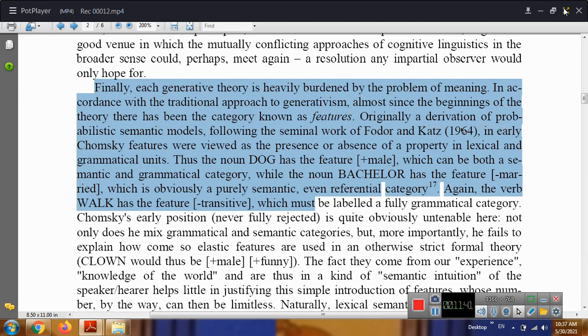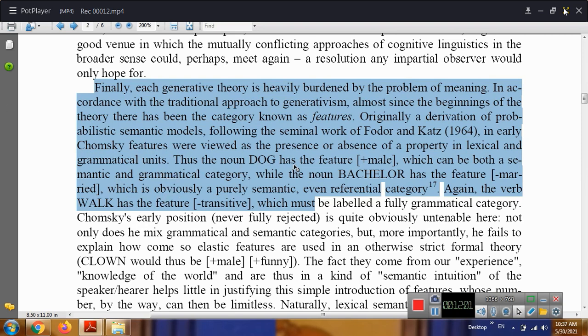Originally a derivation of probabilistic semantic models following the seminal work of Fodor and Katz, 1964, in early Chomsky features were viewed as the presence or absence of a property in lexical and grammatical units.